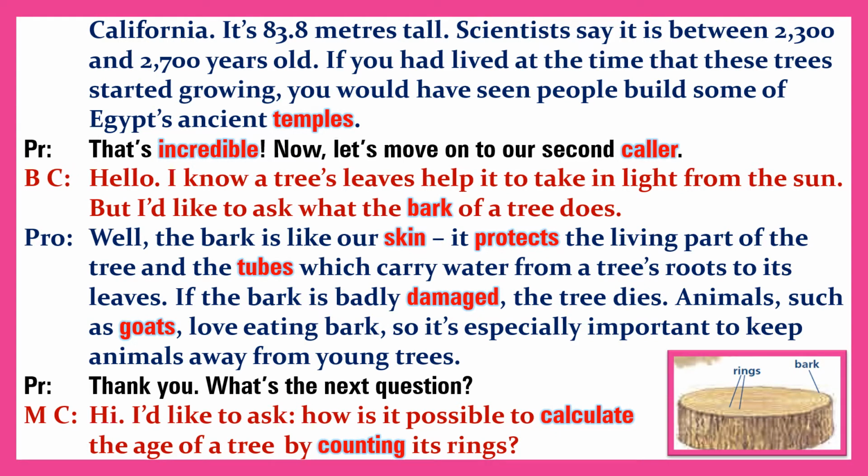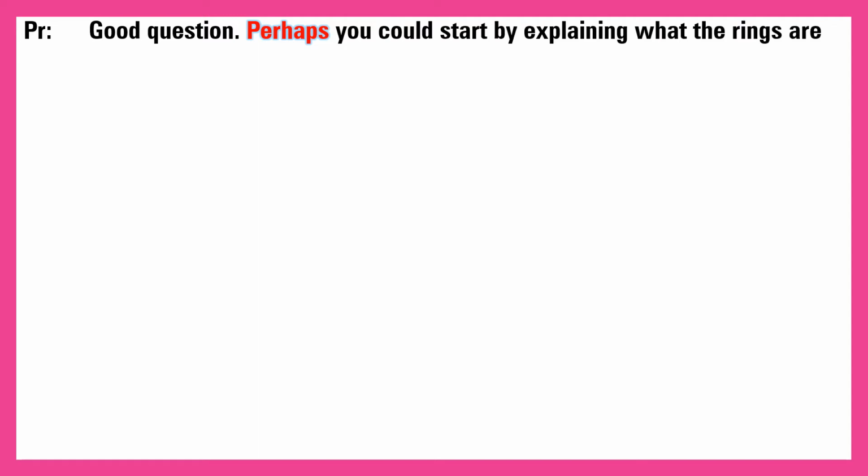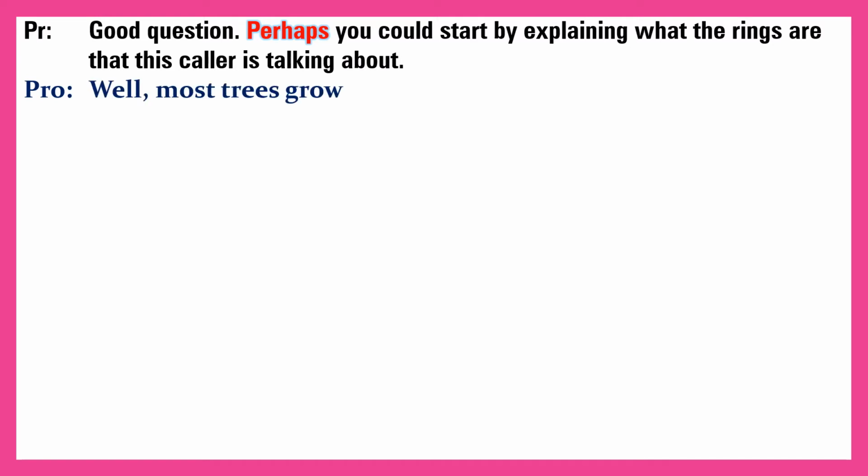Male caller: Hi. I'd like to ask, how is it possible to calculate the age of a tree by counting its rings? Presenter: Good question. Perhaps you could start by explaining what the rings are that this caller is talking about.